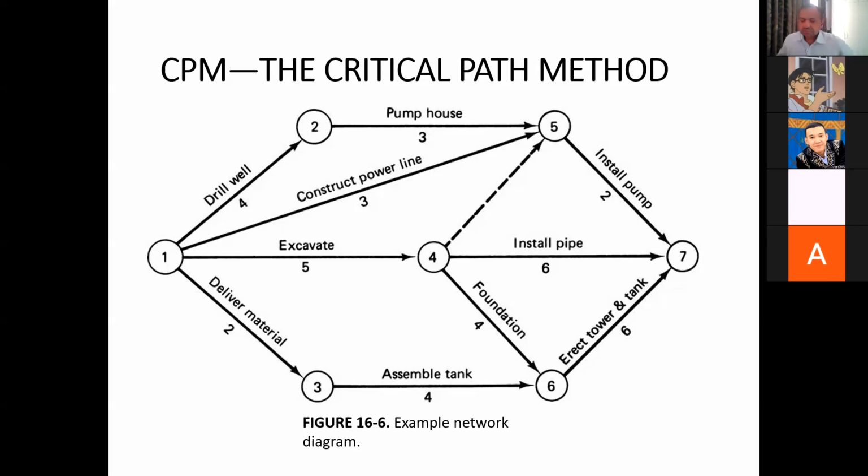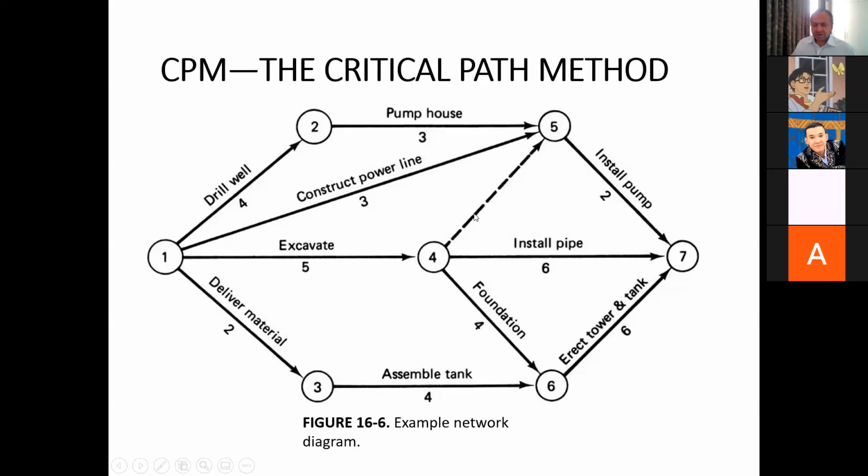Because here you can see there is this dashed arrow as well. So these arrows are shown as the solid line, and there is only this one arrow which is shown as the dashed line. This dashed line arrow is called the dummy activity.